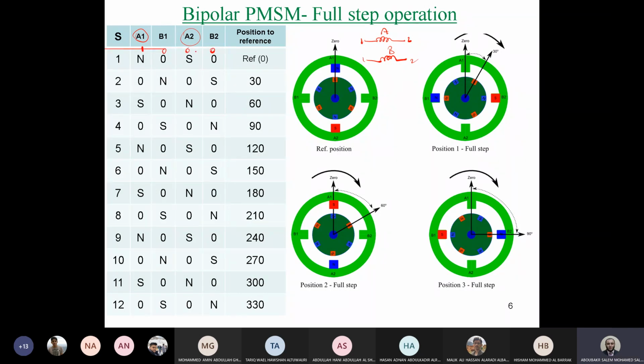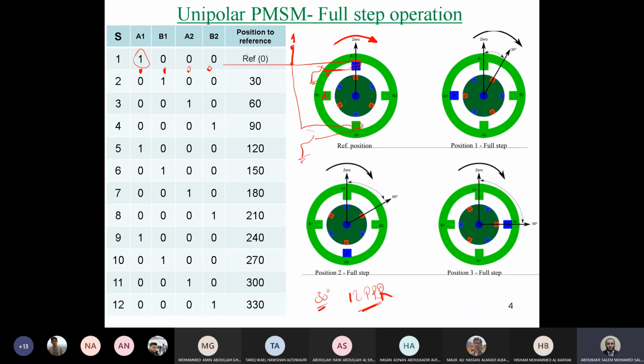Right, guys? Let's return back again to the unipolar case. Remember here it's N0S0. We said it's similar to 1000. So as you can see, the first step was 1000. The second step is 0, 1, 0, 0.